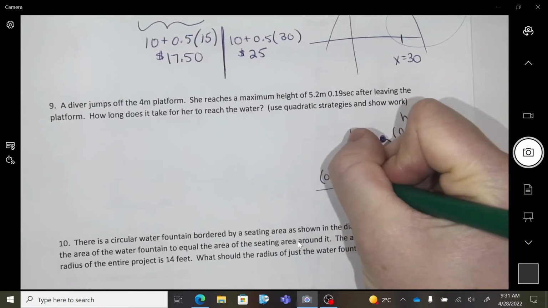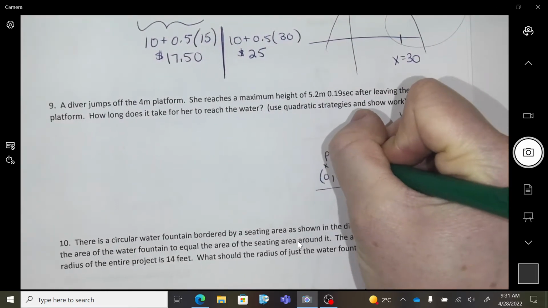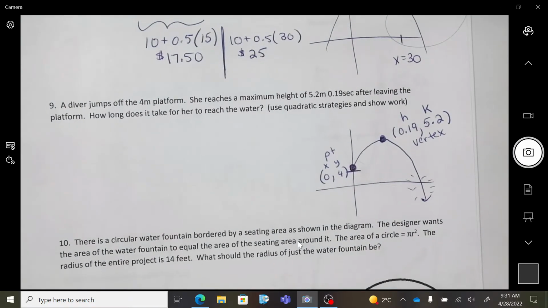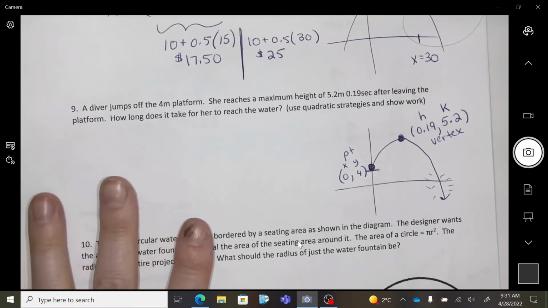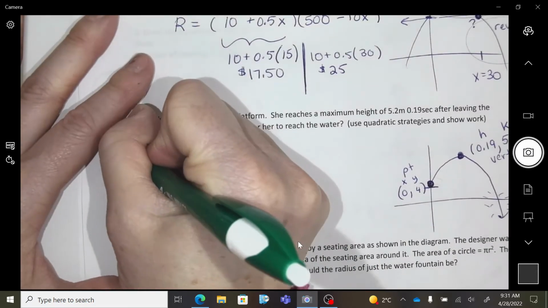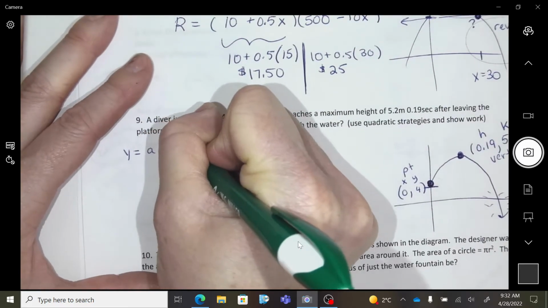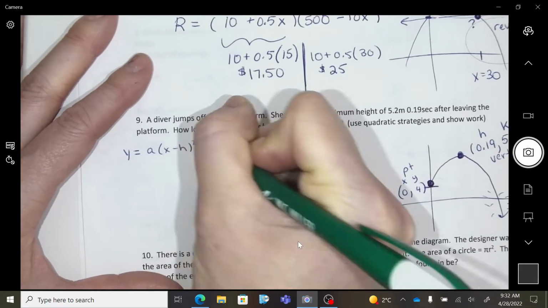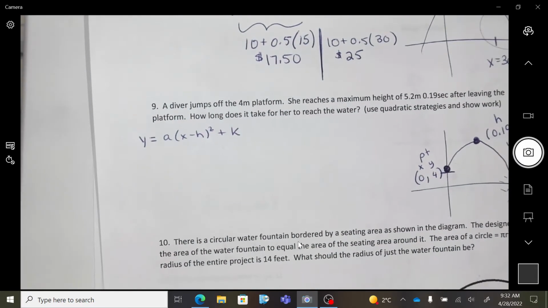So my actual point would be that if I wanted to talk about X comma Y. Now I'm going to develop an equation. So I'm going to use that. So we've already done this one today. Vertex equation. And I'm going to have to figure out A.